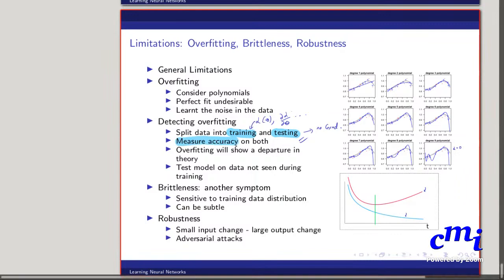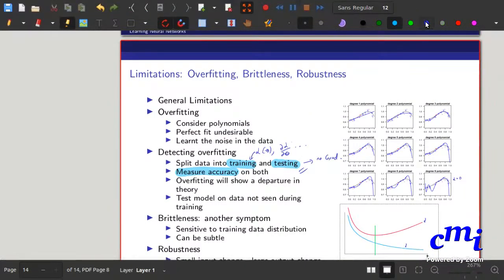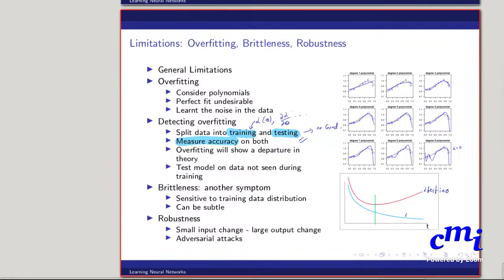The idea with measuring this accuracy is not so that we can do gradient descent to reduce it, but keeping track of the training and testing loss will help us detect when we are hitting overfit, right? If you keep track of this accuracy, you would see a graph that looks something like this, where this one is going to be your testing loss, and this one is going to be your training loss, right?